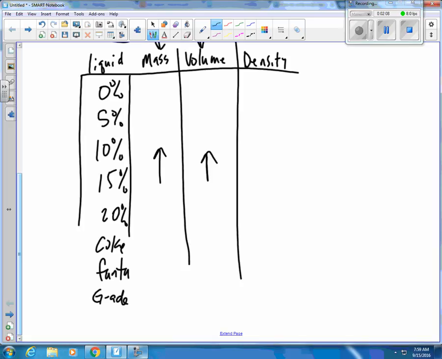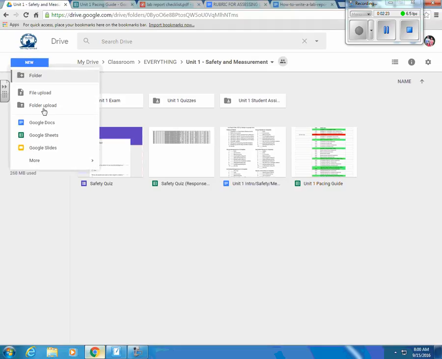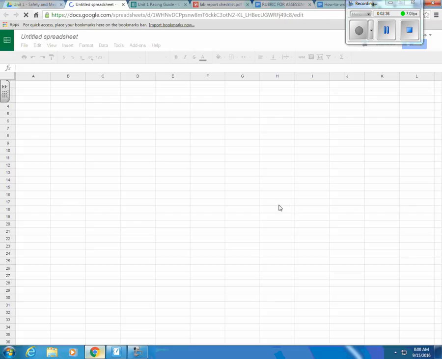Now that we've got our table filled in, you've done all the masses and all the volumes, we still need to calculate the densities of those. So we're going to open up a new sheet and fill in our data.